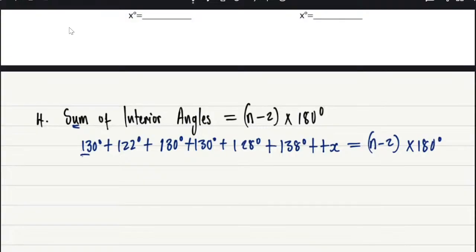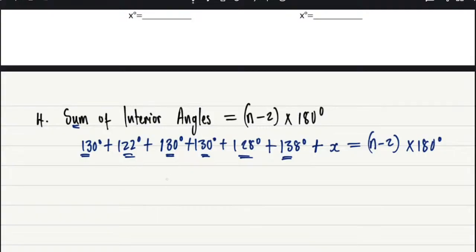What's 130 plus 122 plus 130 plus 130 plus 128 plus 138? What is the answer, students? What's going wrong?